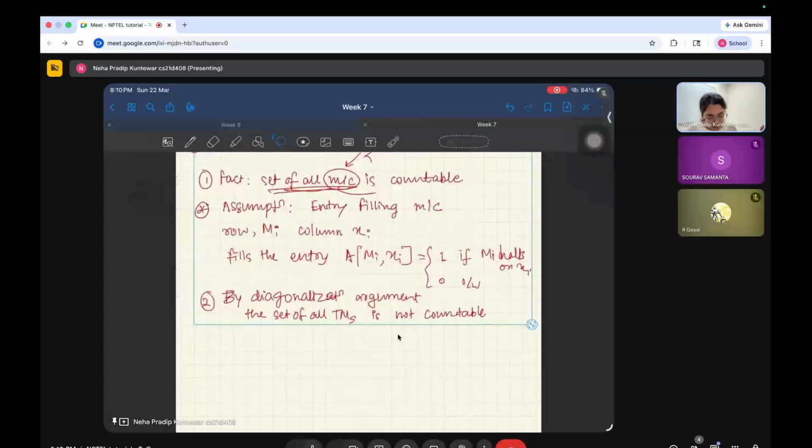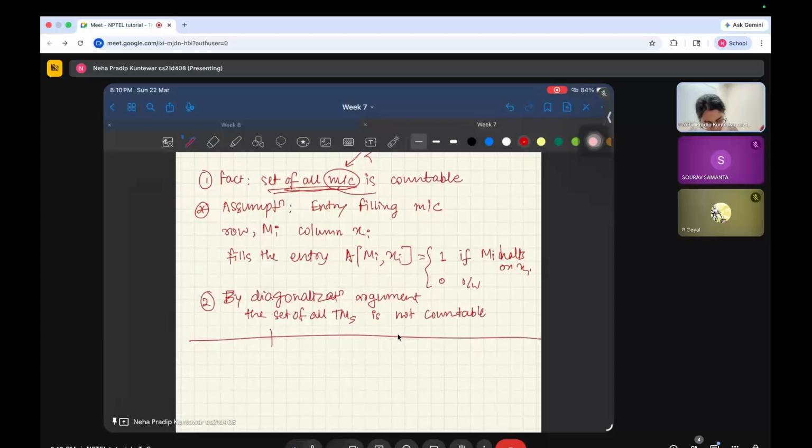This is a contradiction, but fact 1 cannot be false, so therefore it has to be the assumption.